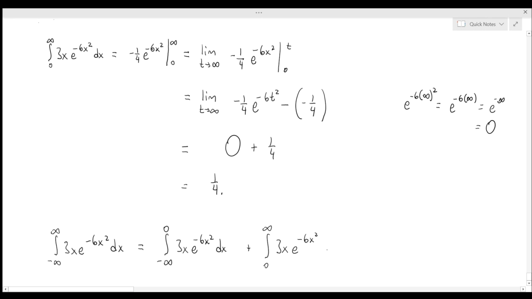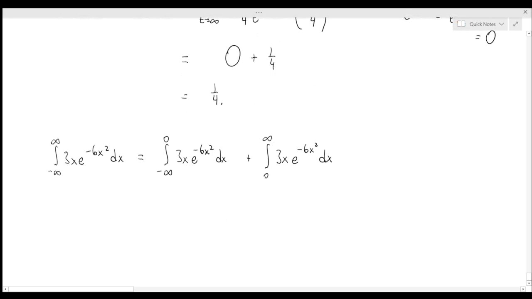Now we've evaluated both of these. The one from negative infinity to 0 ended up equaling negative 1/4. The one from 0 to infinity we just found is equal to 1/4. So if we add them together, we get a final answer of 0 for the improper integral from negative infinity to infinity.